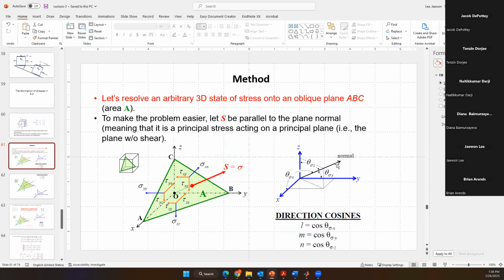The angle between normal stress vector and X direction is defined as L, cosine theta X, and of course M is defined by the angle with Y. The angle between Z direction and normal stress vector defines N. So we define L, M, N as the direction cosines.